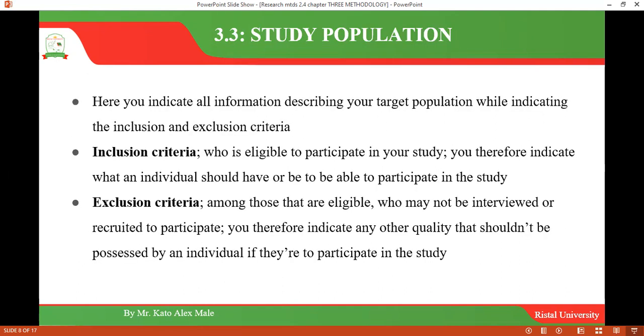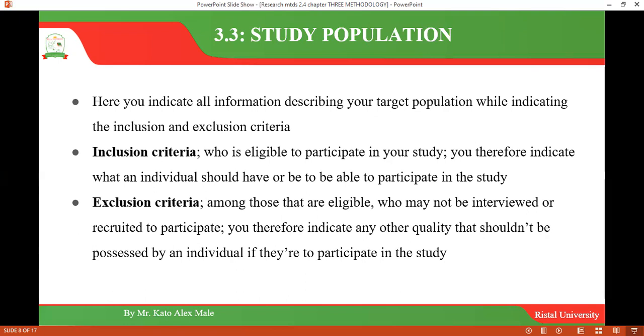Then the third one is the study population. Here you indicate all information describing your target population while indicating the inclusion and exclusion criteria. So under inclusion criteria, we want you to tell us who is eligible to participate in this study. You therefore indicate what an individual should have or should be to be able to participate in your study.